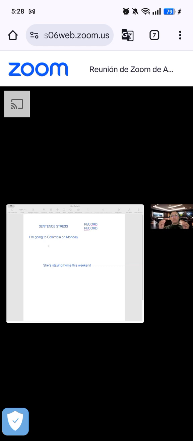Because you're thinking too much on the pronunciation per word. Per word. And pronunciation per word, it's okay. You have to be careful with pronunciation. But more than only being careful with pronunciation, you have to be careful with stress in a sentence. Rhythm.